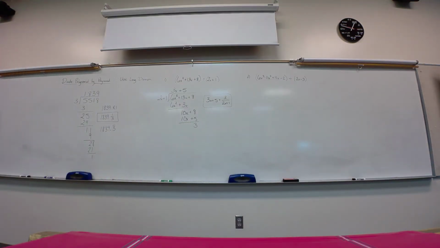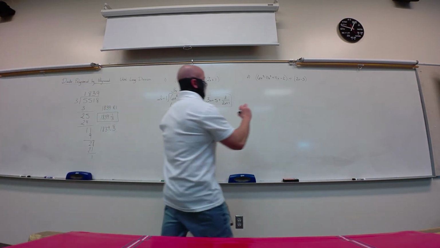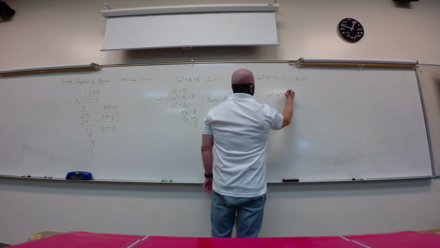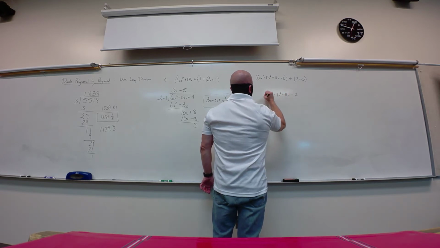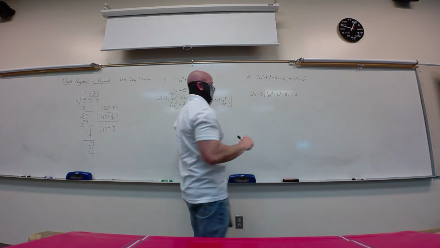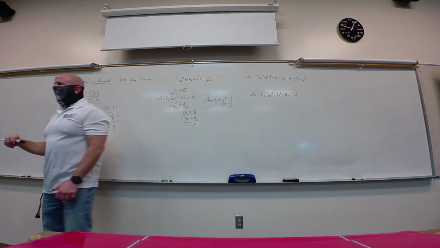So my first step is going to be set up in a division problem where underneath is going to be the 6x cubed term, and outside is going to be the 2x minus 3. And I'll work my process.